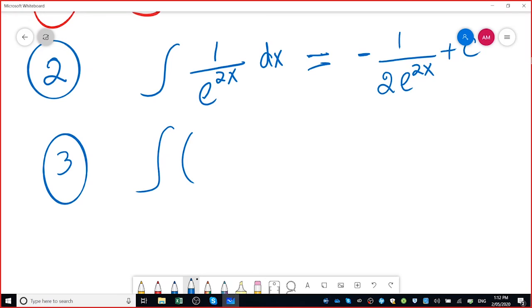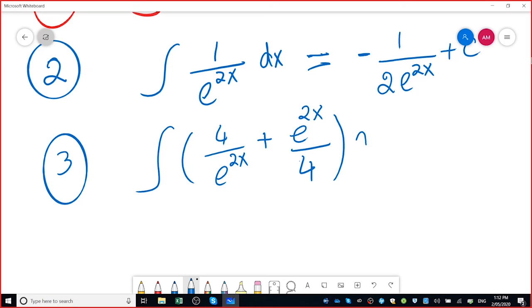Let's say this is a question: 4 over e raised to the power 2x plus e raised to the power 2x over 4, times dx.